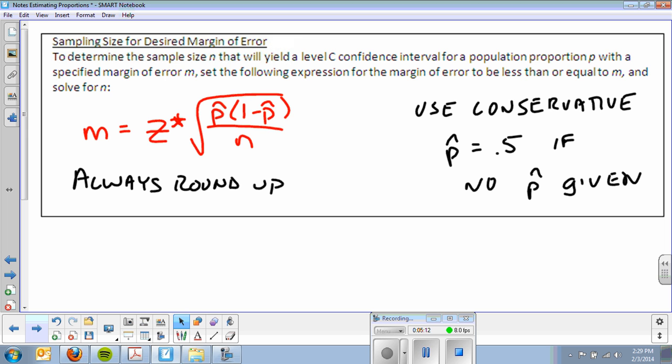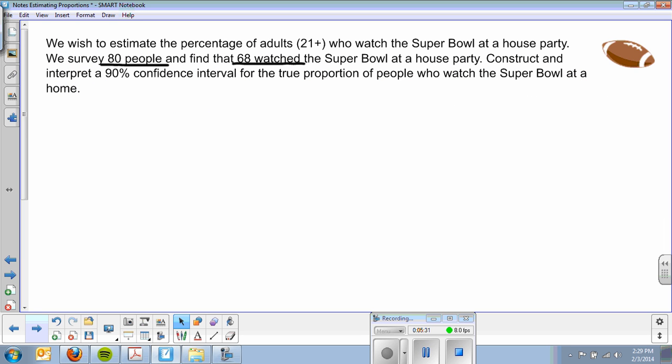Well, I don't want to have to ask 1,000 people if I can get away with only asking 500. That can be expensive. So I'm going to have to figure out, to get a desired margin of error, my sample size. And you'll use this equation, and you'll basically solve it backwards for n. And you'll always round it up. Okay, so here is an example. We just had the Super Bowl, so I will use a Super Bowl question.